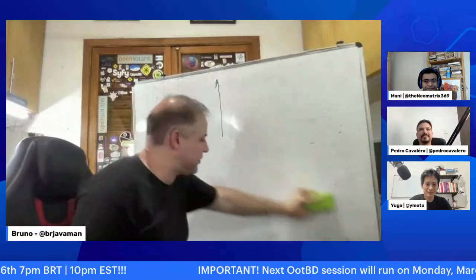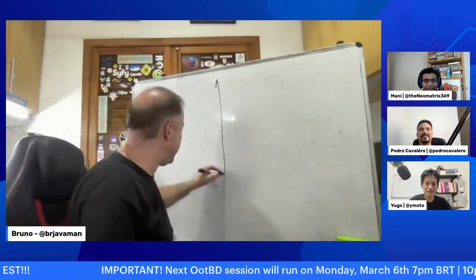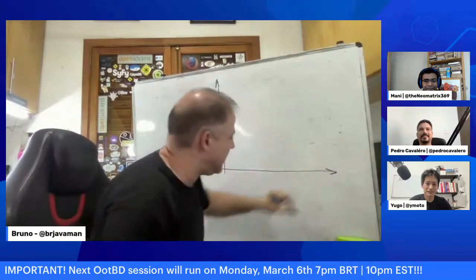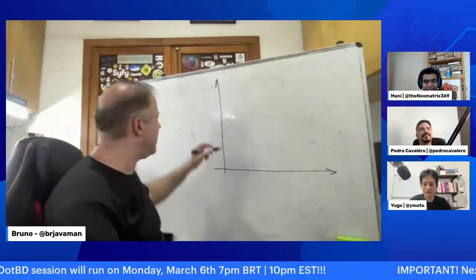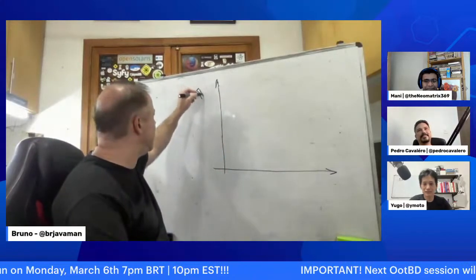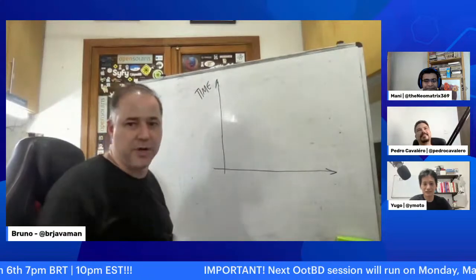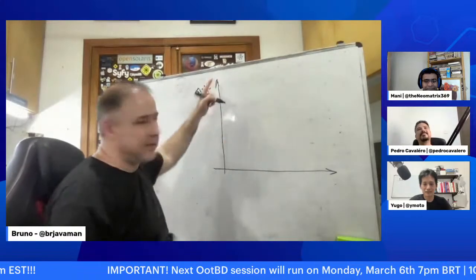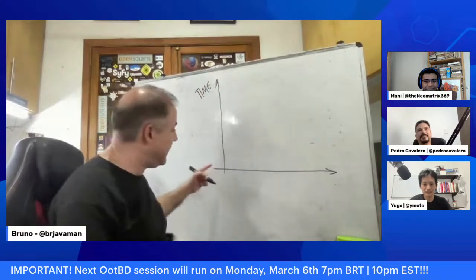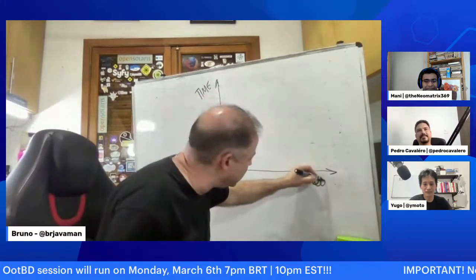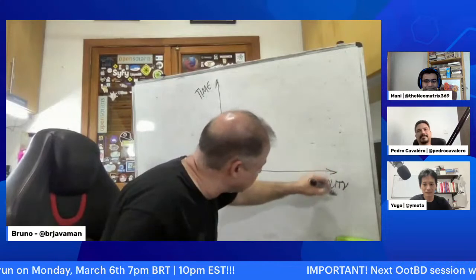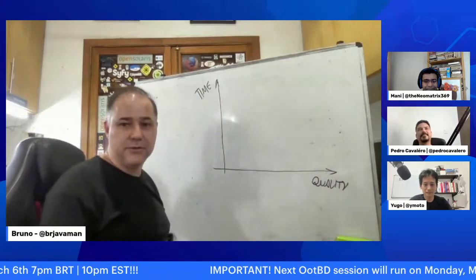All right, so let's imagine we have a graph here. Here is the time it takes to deliver the project, so higher means more time. And on the bottom is the quality of the software.